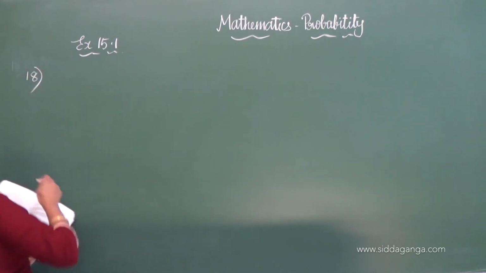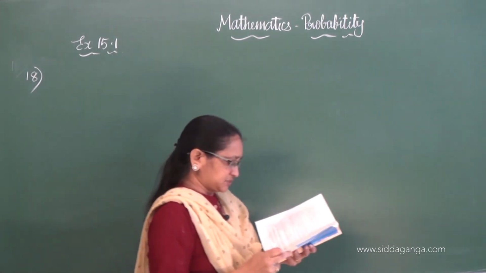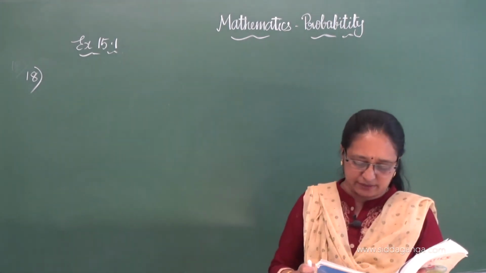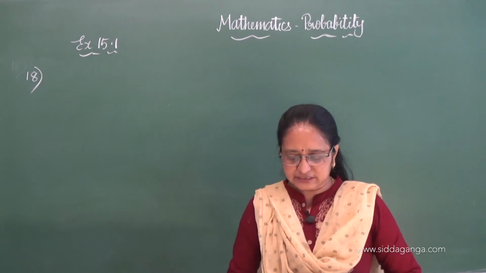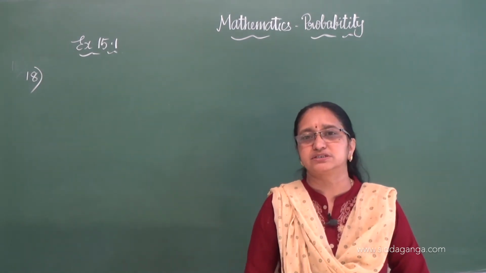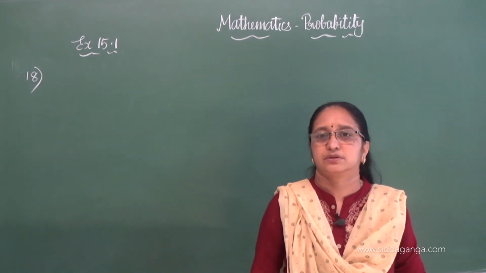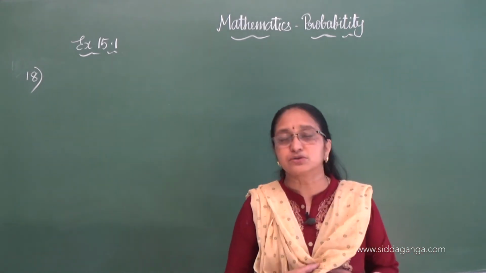Eighteenth one. A box contains 90 discs numbered from 1 to 90. For 2-digit numbers, you have to find out how many there are between 1 to 90.